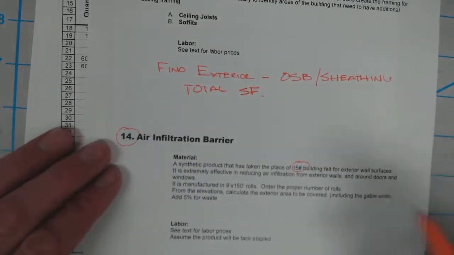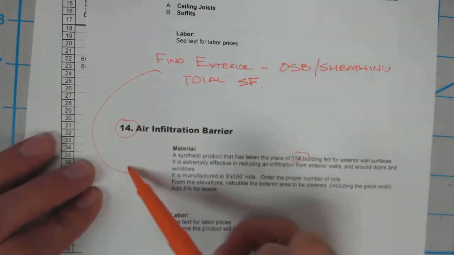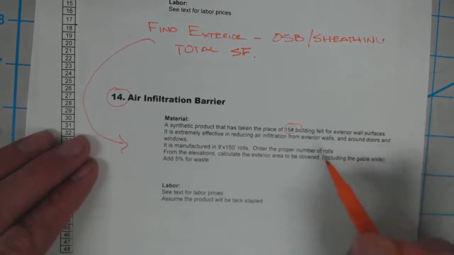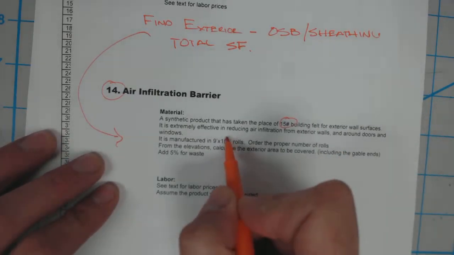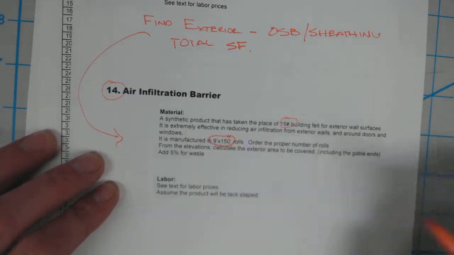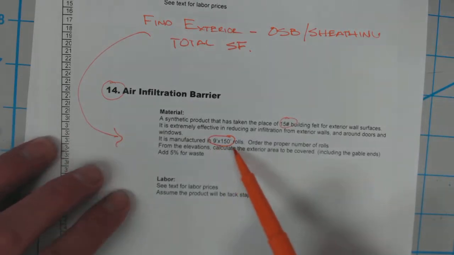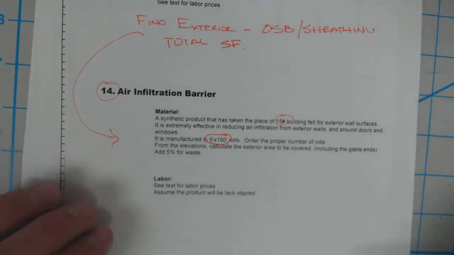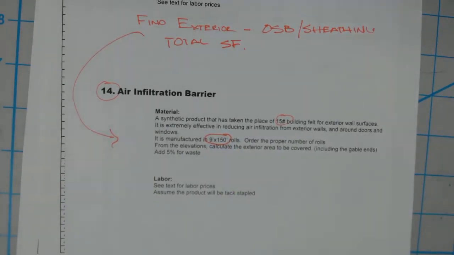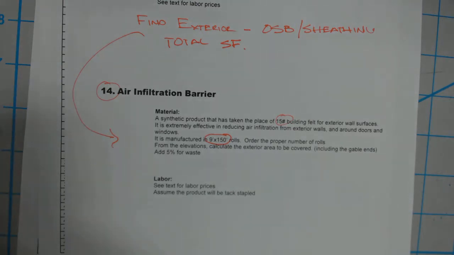So I'll slide this down here, the air infiltration barrier. When we're looking at this product, typically Tyvek or another type of air infiltration barrier comes in a 9-foot by 150-foot roll. The challenge for us is that we need to determine how many rolls of Tyvek we need to order.